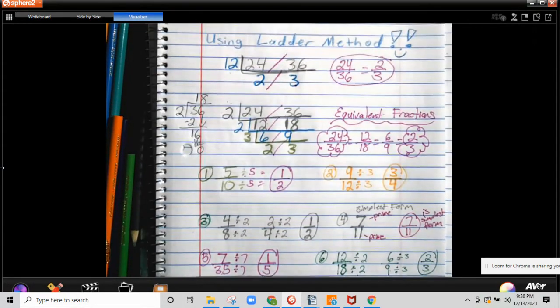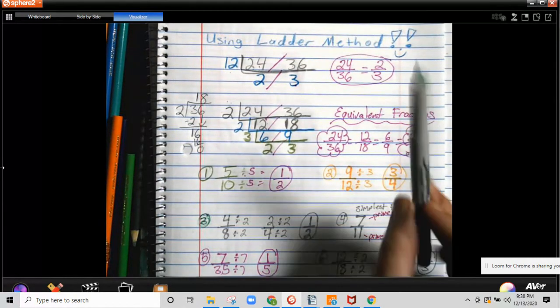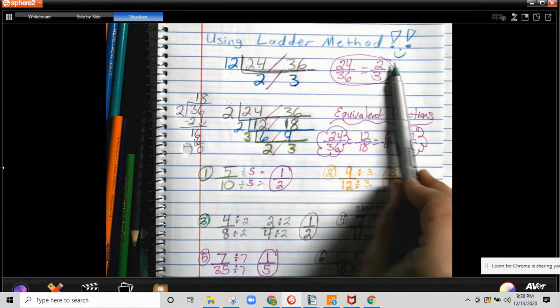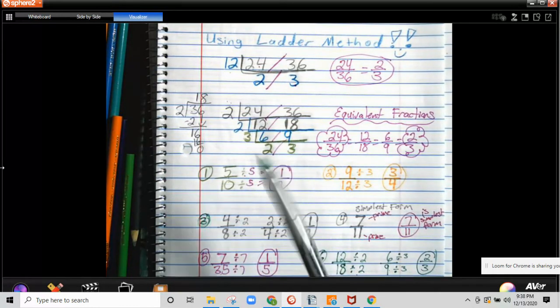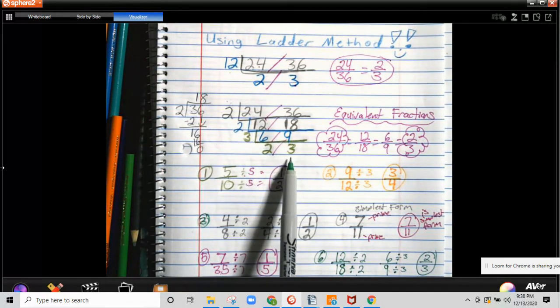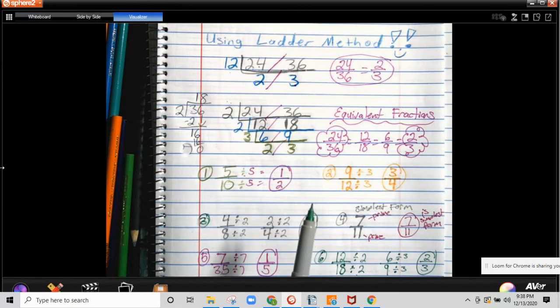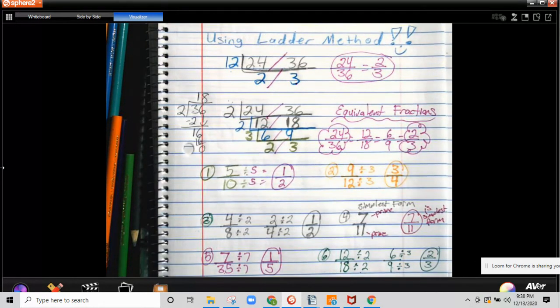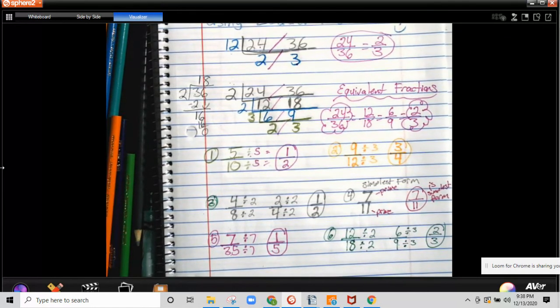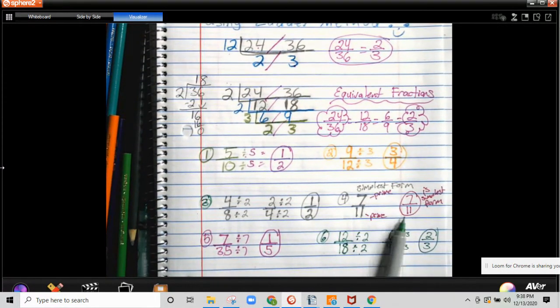All right, guys, so the ladder method: you do your ladder method, and at the very bottom, you get 2/3. That is the equivalent fraction in simplest form. And then I just did 6 different practices with you on reducing. And then I did one to try to trick you, and that's already in simplest form.